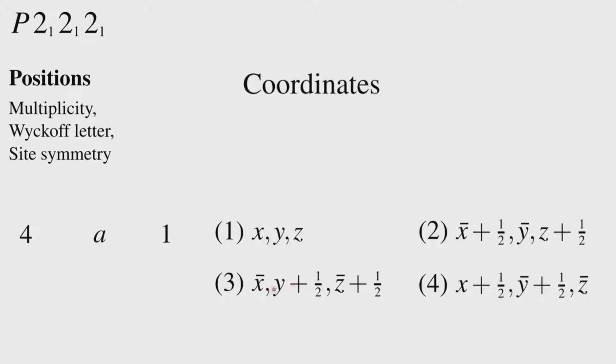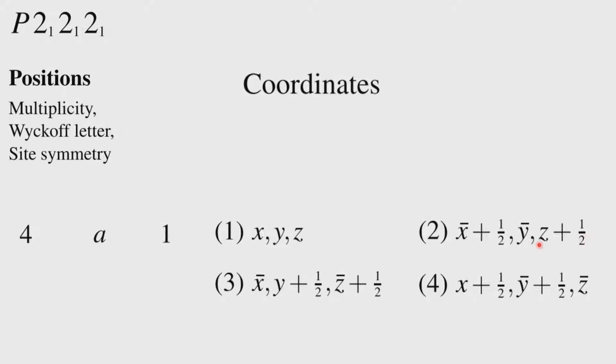So, you have the 3 2 unscrew axis generating x bar, y bar, z bar, and since both the other 2 are removed by 1/4 and 1/4, you will have one of them positive, one of them negative. So, let me explain again. You have the x, y, z coordinate, okay, general position. Now, you operate one of the 2 1 symmetries, the 2 1 symmetry which will take you to x bar plus half, y bar, z plus half.